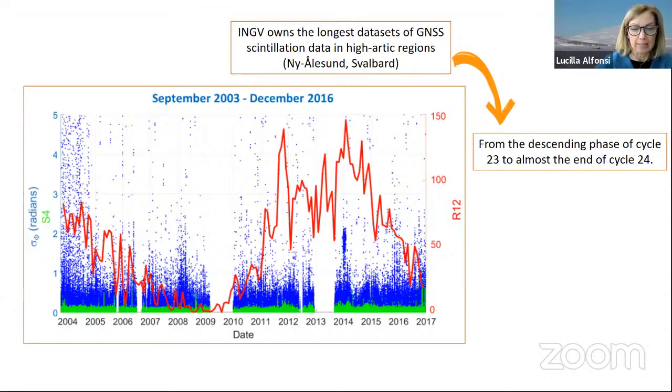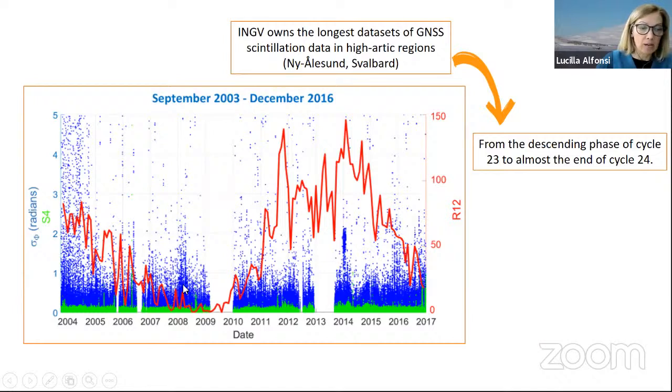You can see that the phase scintillation given by the sigma phi index, in blue, is significantly higher along the entire period than the occurrence of S4, so of the amplitude, as you can see in light green.